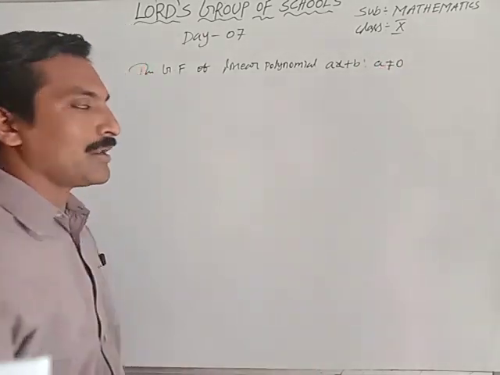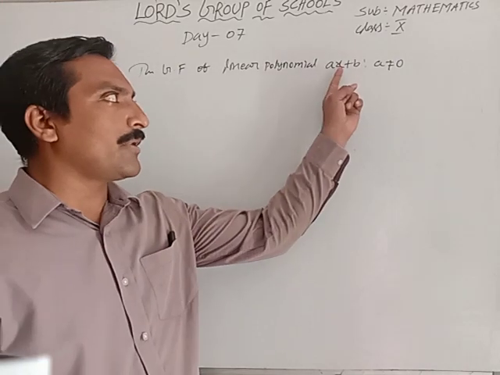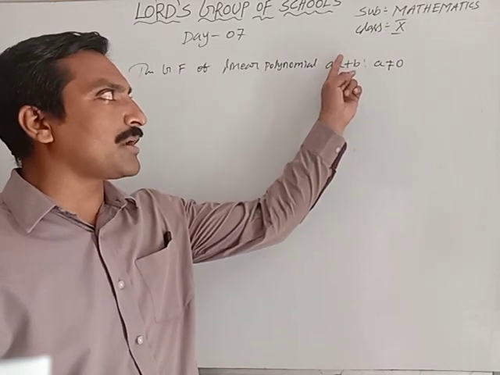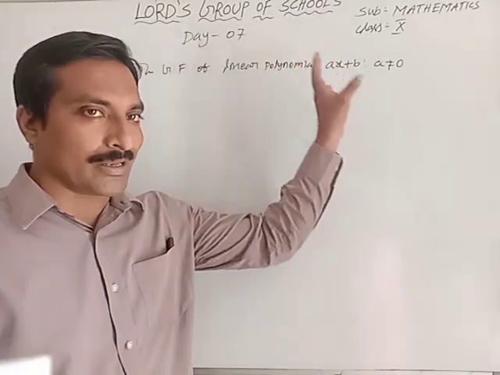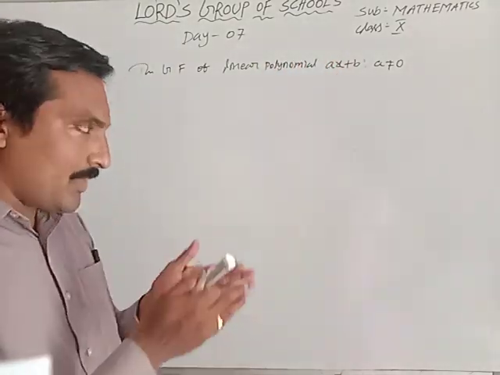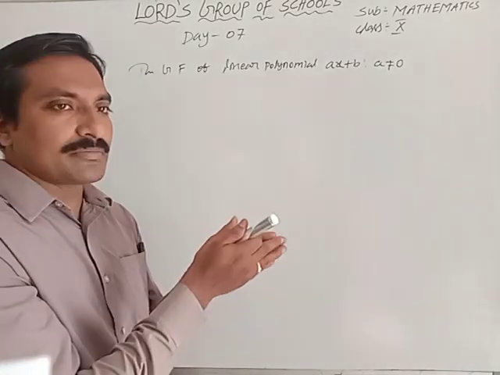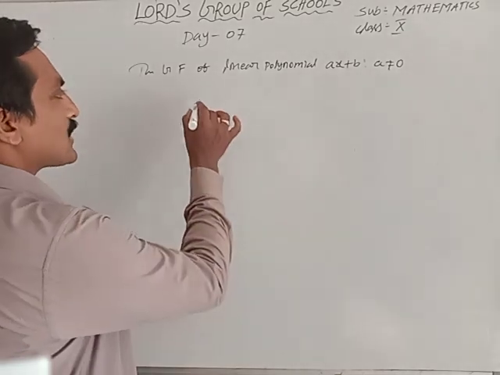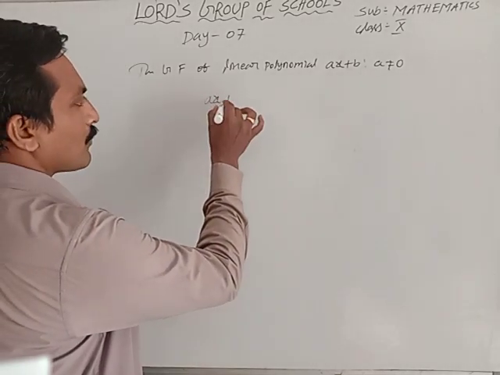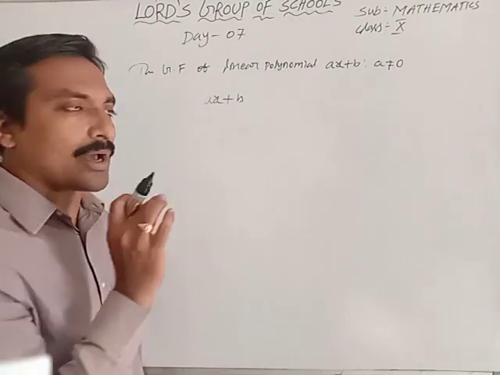Here the variable is x, and the power of the variable is 1, the highest power. That's why we say this is a linear polynomial. It is a polynomial or expression.